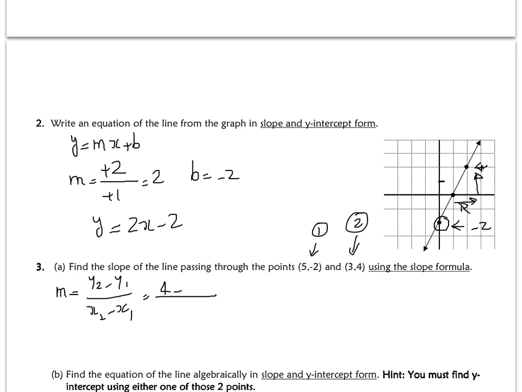From point 1, y1 is -2. So I'm going to write 4 minus -2, y2 minus y1, divided by x2, the x-coordinate of the second point, which is 3, minus the x-coordinate of the first point, which is 5. So I get 4 minus -2 is +6, divided by 3 minus 5 is -2. So we get 6 over -2, which is going to be -3.